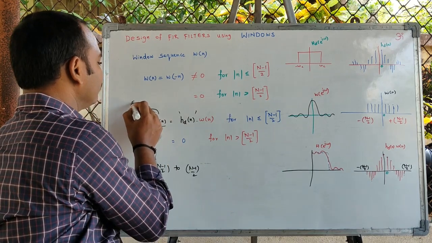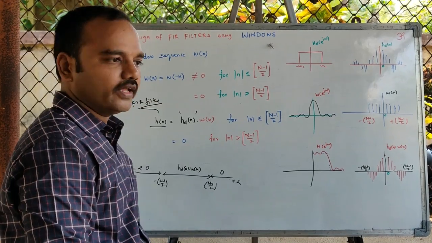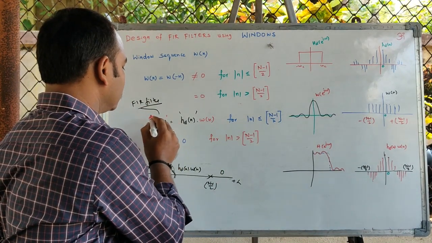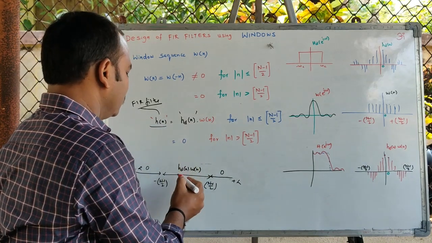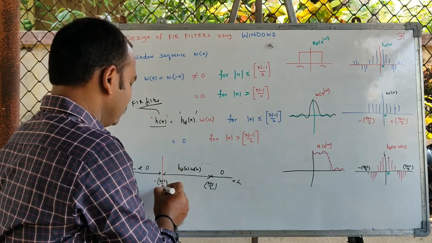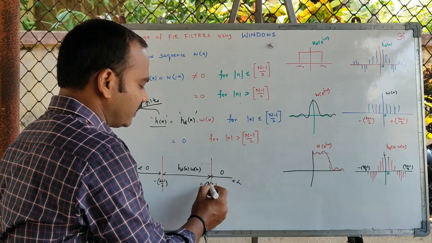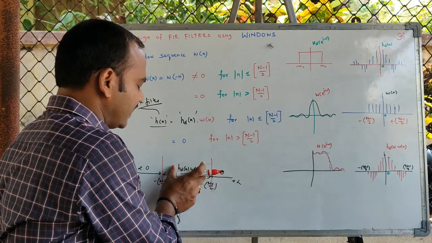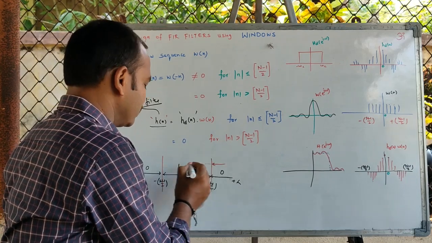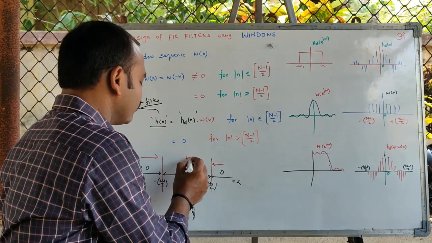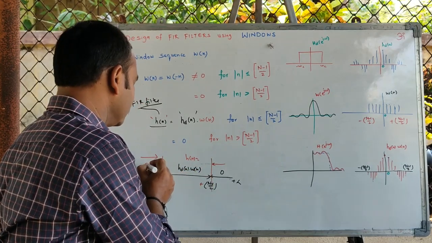These are FIR filter coefficients. After multiplying with the window sequence, h of n is defined in the interval minus (N minus 1) by 2 to plus (N minus 1) by 2. It exists only in this finite duration. Beyond this, h of n, which is hd of n into W of n, is 0.